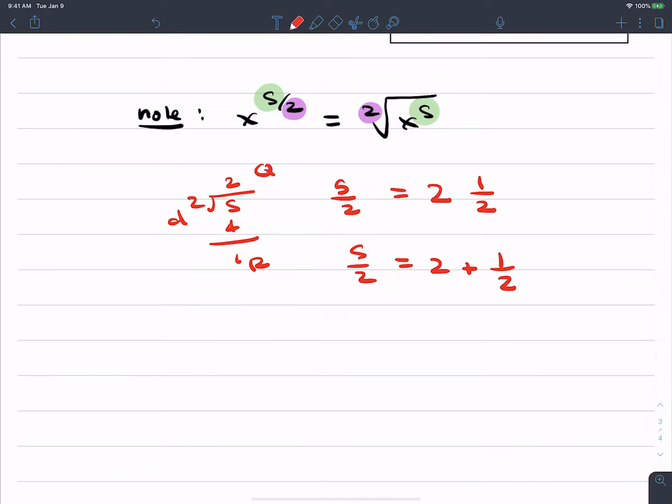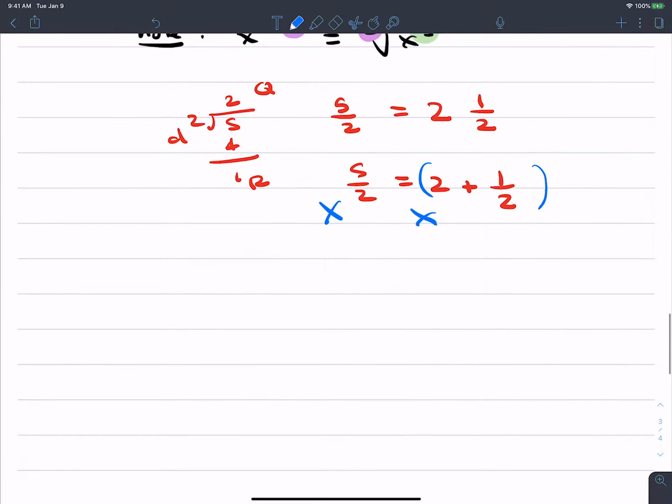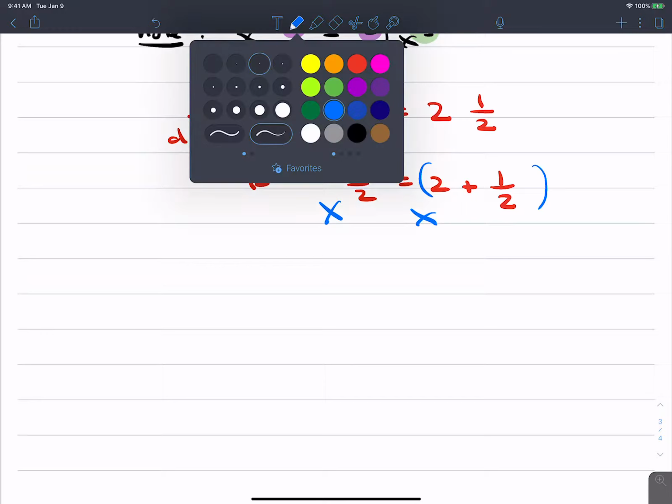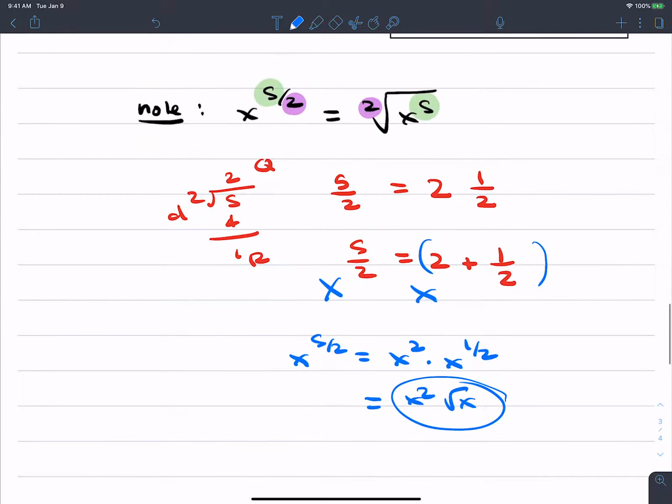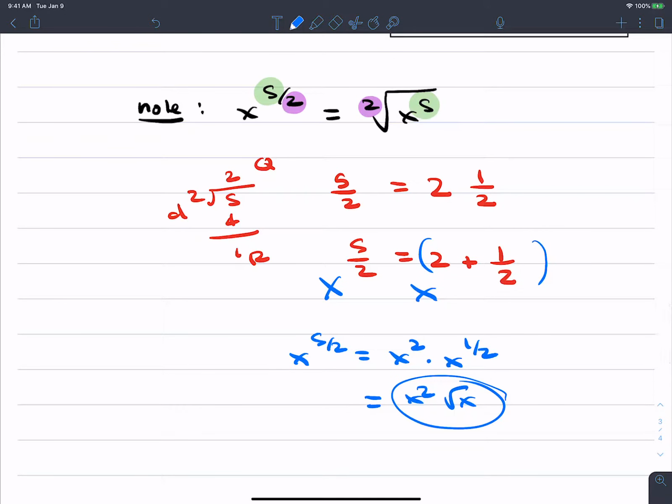So x to the 5 halves is really x to the 2 plus 1/2 power. And by properties of exponents, x to the 5 halves is really x squared times x to the 1/2. So you have x squared square root of x. This is a way to simplify.